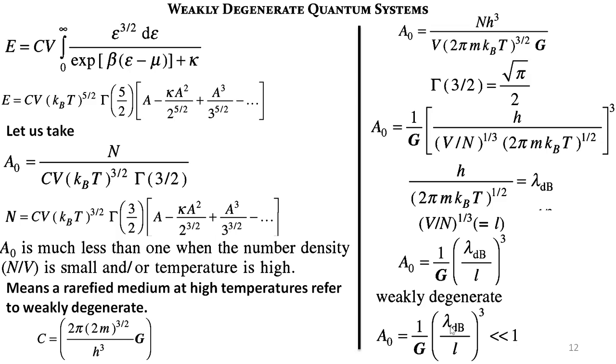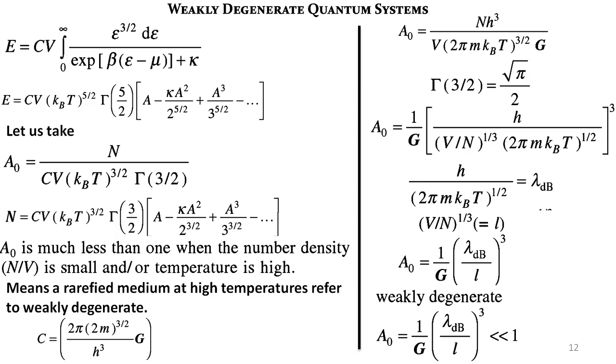Or what does it mean? That the de Broglie wavelength is very, very small in comparison to interparticle separation. That's something very interesting. And that is where this definition or this idea can be used to apply for the cases whether we need to incorporate quantum mechanics or not.